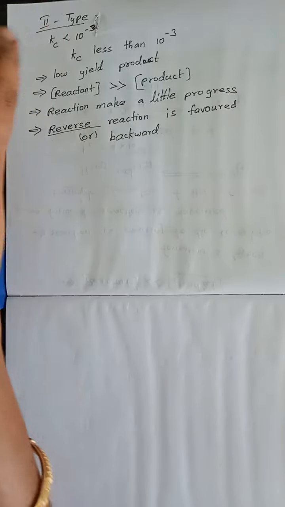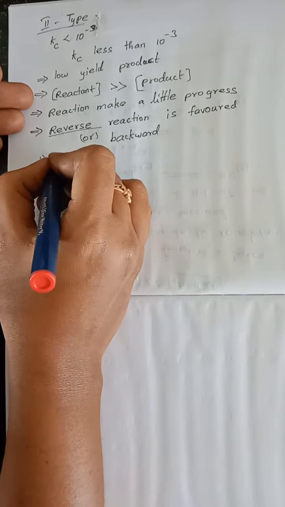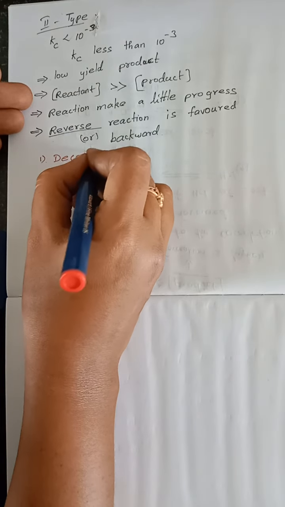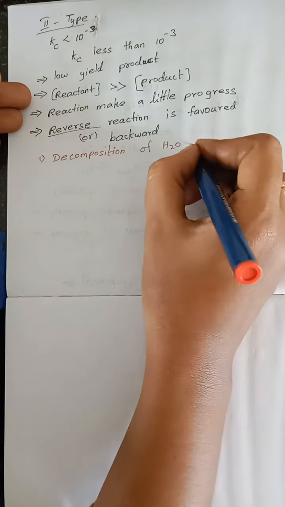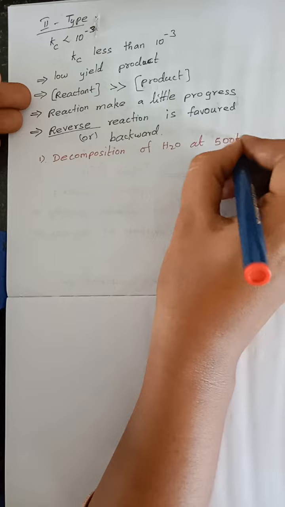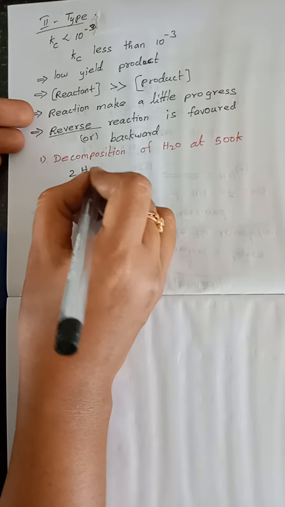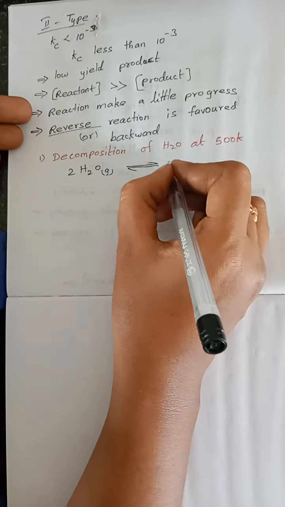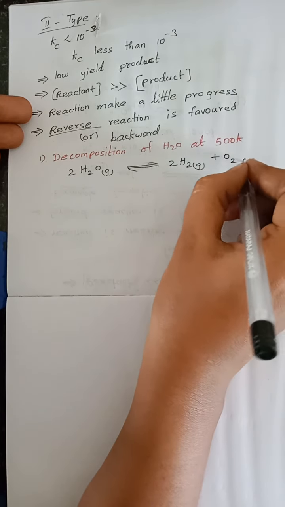So in this reaction example, what is the example? In the first example, the decomposition of water at 500 Kelvin. This is the decomposition of water reaction, a homogeneous reaction. 2 moles of H2O gas, the reversible reaction, gives 2 moles of H2 gas plus oxygen gas.